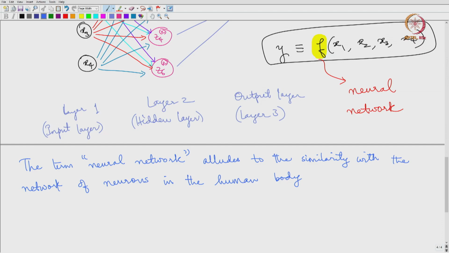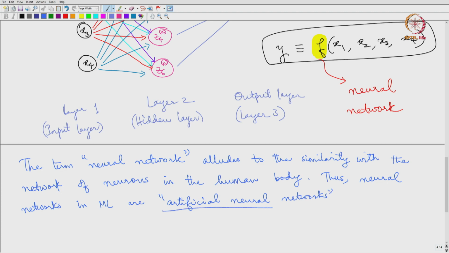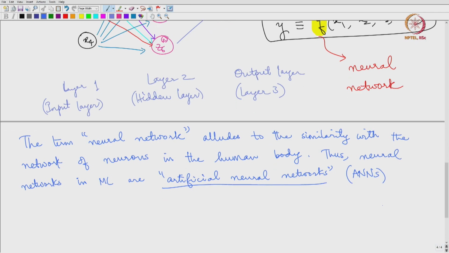Okay. So, thus neural networks in ML are artificial neural networks, because we are trying to mimic what really happens in the human body in terms of there being neurons and them sending signals to each other, but of course this is in an artificial manner. So, therefore, these are called artificial neural networks, or ANNs for short.